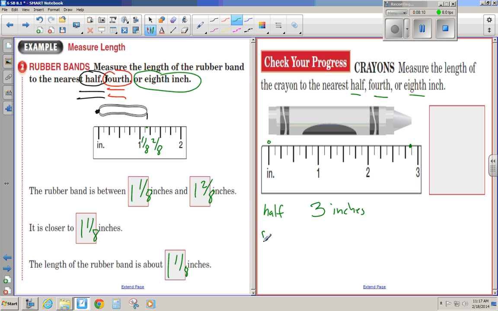If we were doing fourths, you should look at this as 3/4. And since it's closer to 3/4, you would say it's 2 and 3/4 inches long.